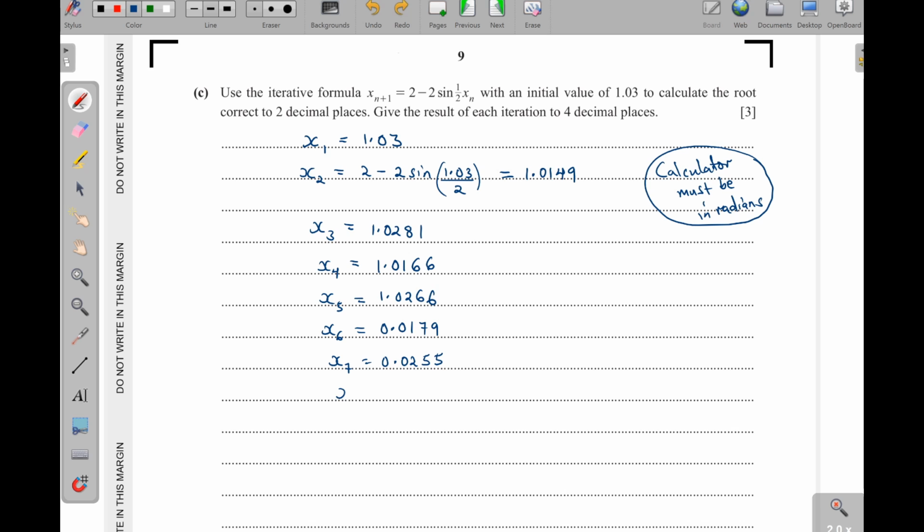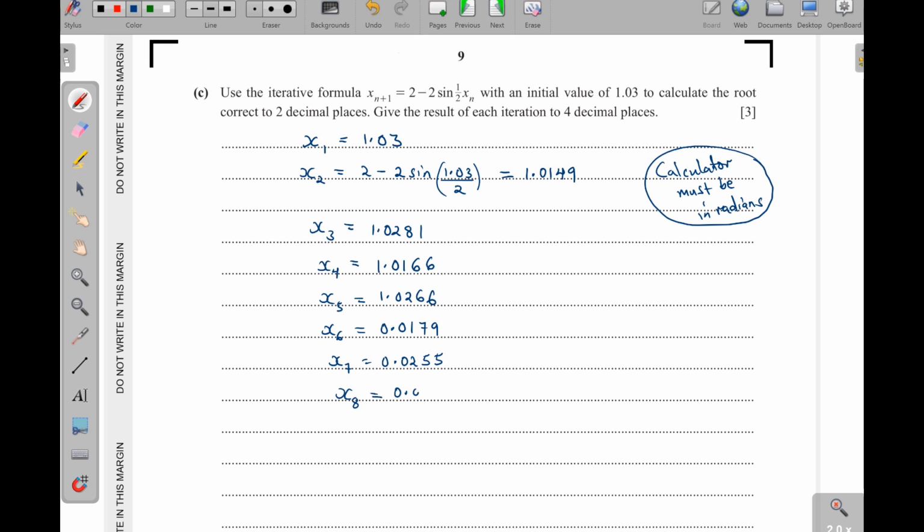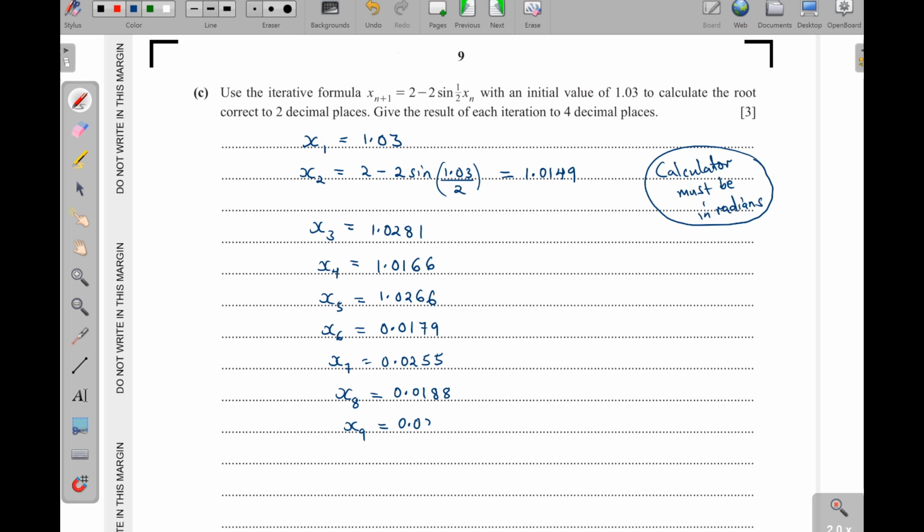Okay, so what is x8 here? We have 1.0255, that will be 1.0188. And then the next one, x9, with 1.0188, that is 1.0247.